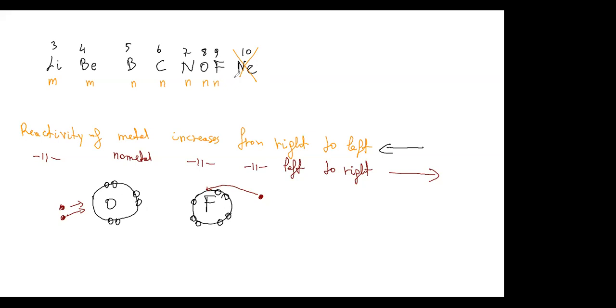Oxygen has 8 protons, and fluorine has 9 protons. So 9 protons make more force to attract the electrons. 8 protons are weaker because oxygen needs to attract 2 electrons. That's why the reactivity of fluorine is higher.